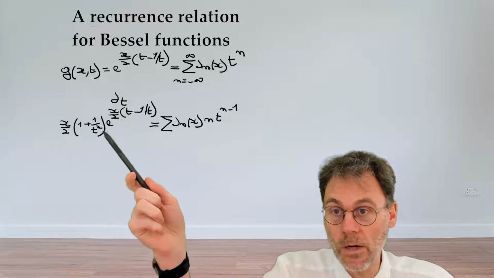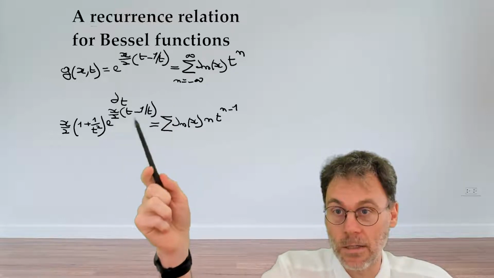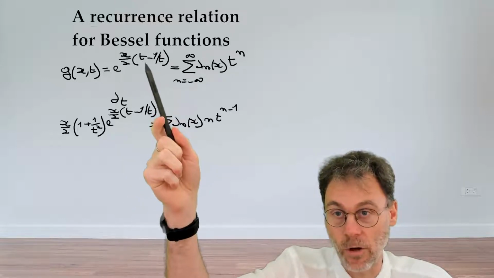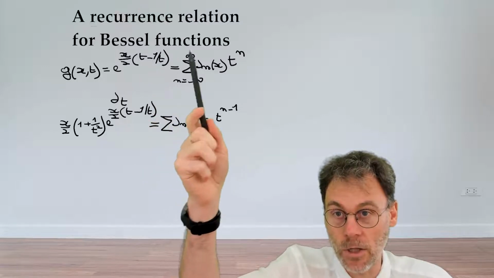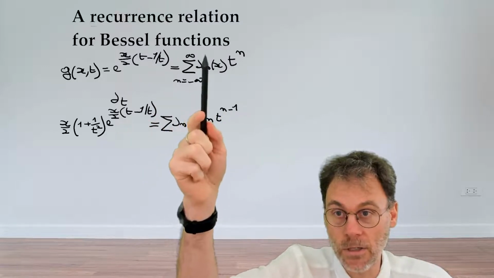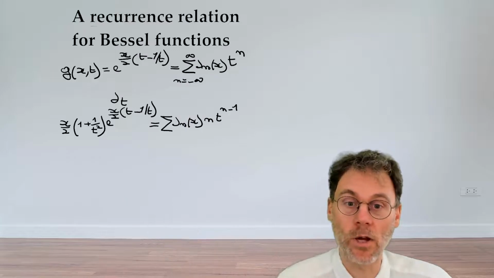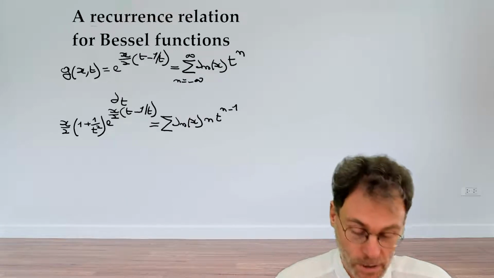Now, what we see here is this exponential, and this exponential is actually the generating function. So what we can do now is substitute this series expansion back into that equation and see what happens.